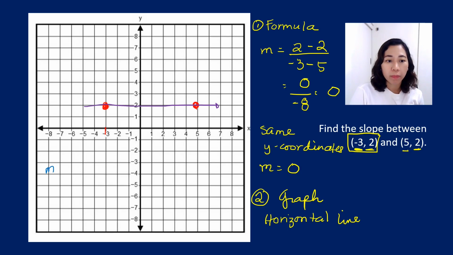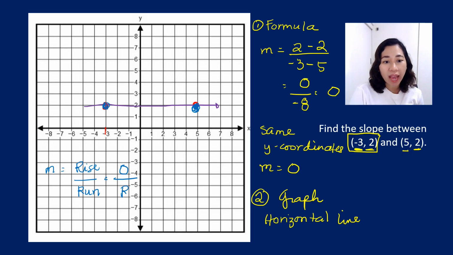Now, if you have a horizontal line, let's see again if we use our rise over run. My slope, which is rise over run. Did I go up from this point to this point? Did I go up or down? No. Since I didn't go up nor down, my rise is 0. But then, of course, I have a run.